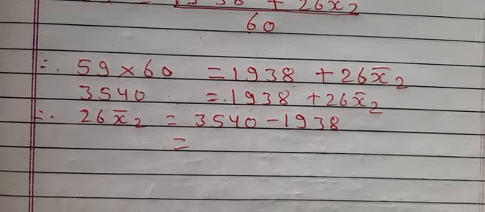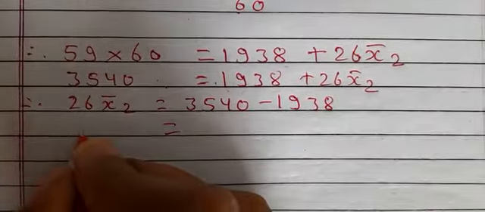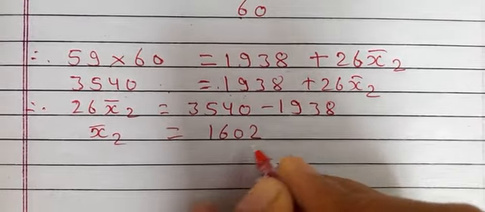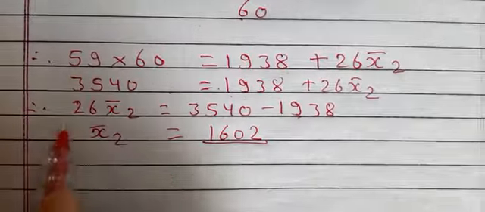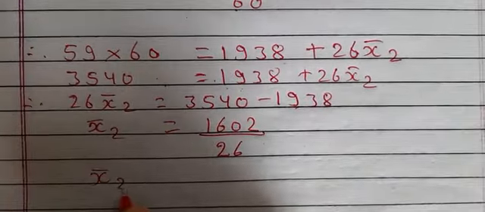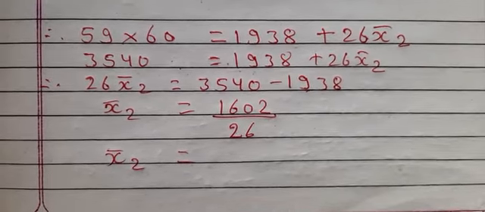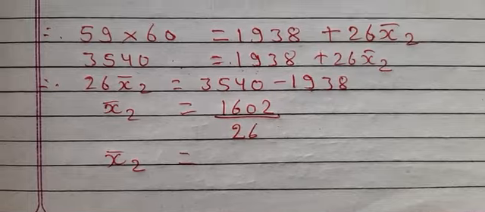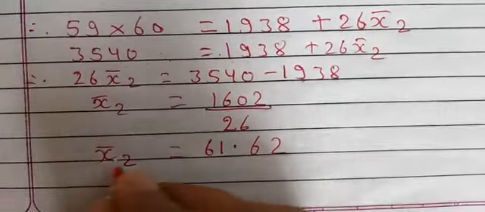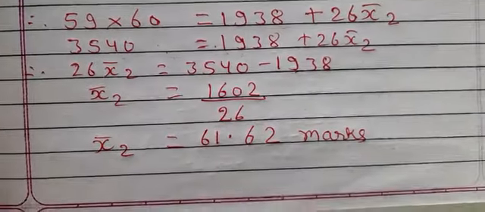Subtracting, we get 1602, and the 26 goes to the denominator. So X bar 2 is equal to 1602 divided by 26, which gives 61.62. Hence our X bar 2 is 61.62 marks.